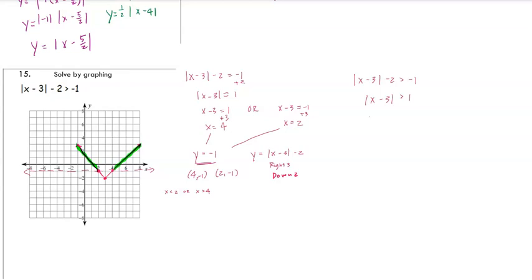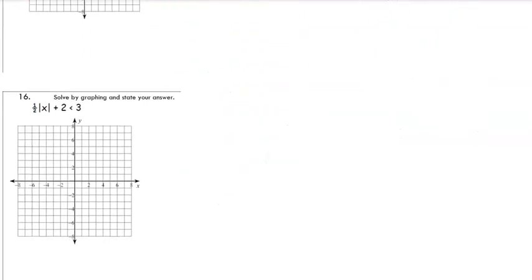Greater than 1, so x minus 3 is greater than 1, or x minus 3 is less than negative 1. And so x is greater than positive 3, so that's 4, which is what I got here. Plus 3, x is less than 2, which is what I got when I graphed.